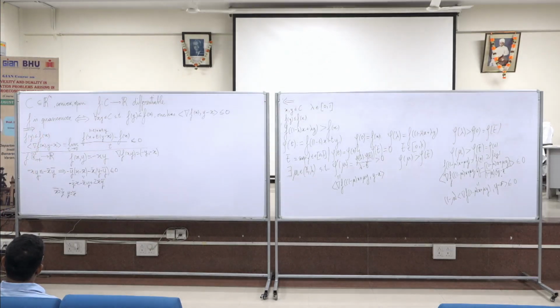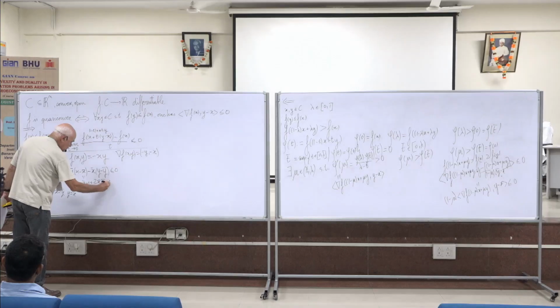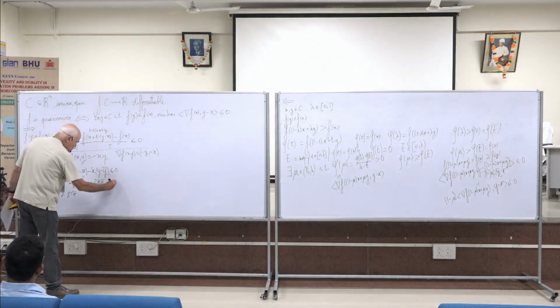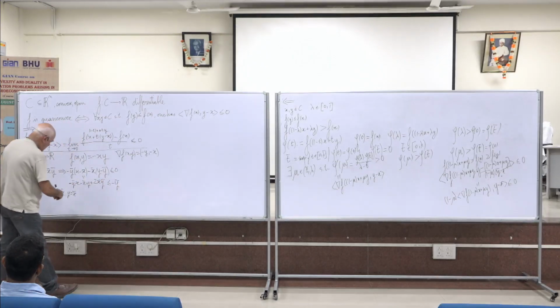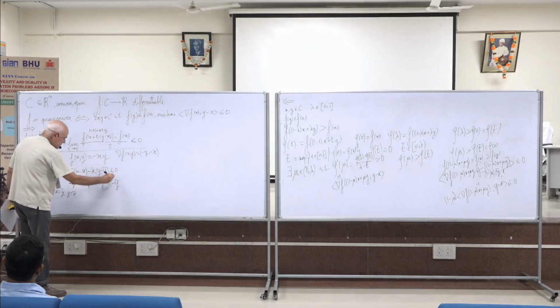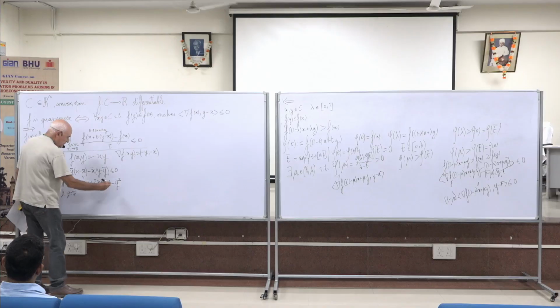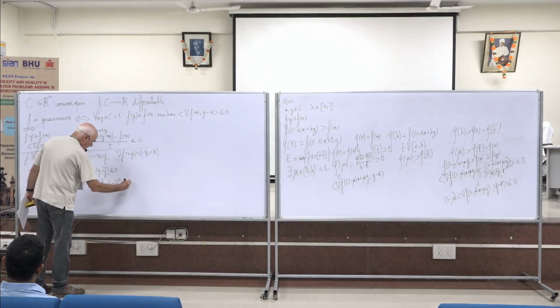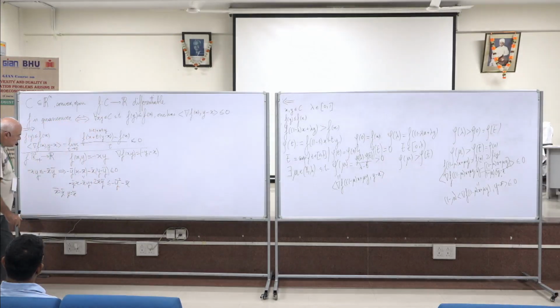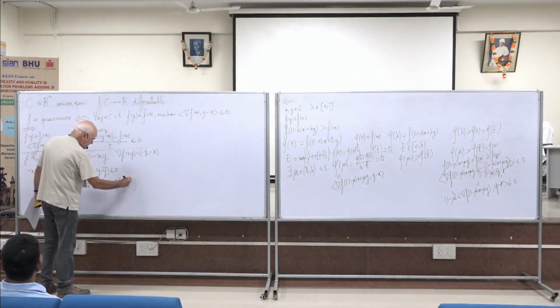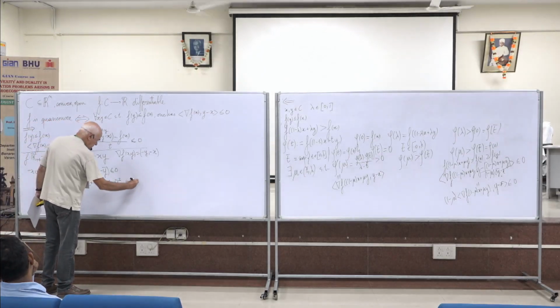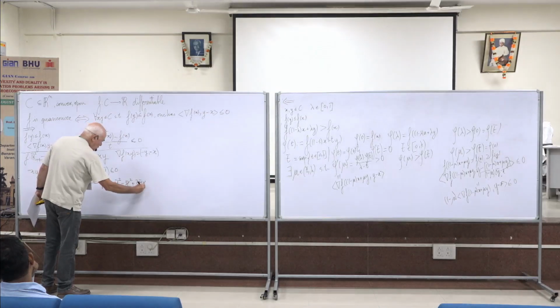So here the maximum is attained. This means this is less than or equal to minus y bar times the optimal x, which is y bar, minus x bar times this y, which is x bar, plus 2 x bar y bar.